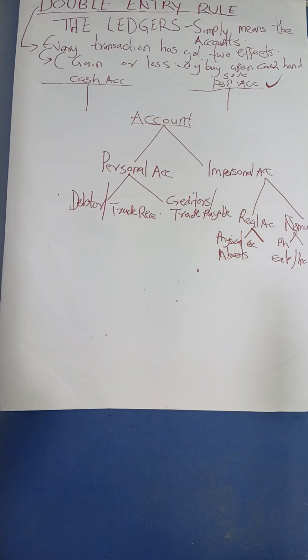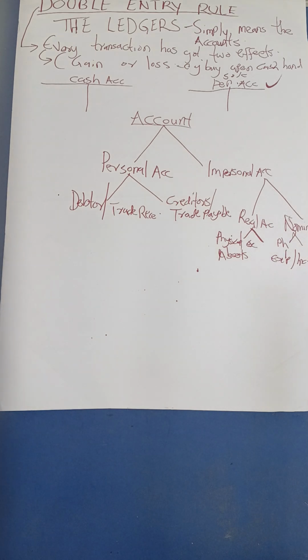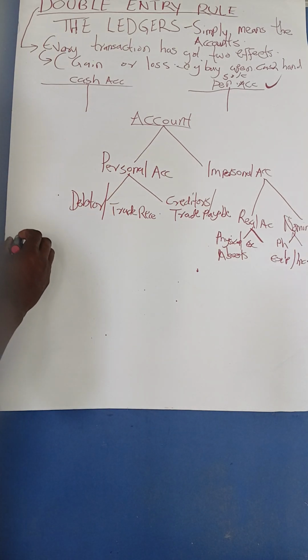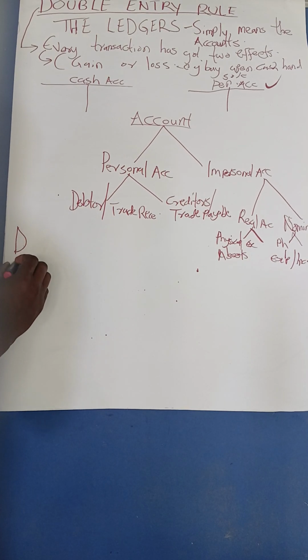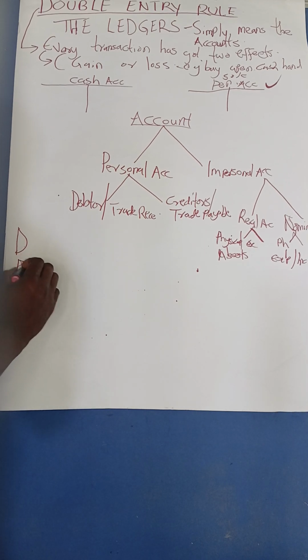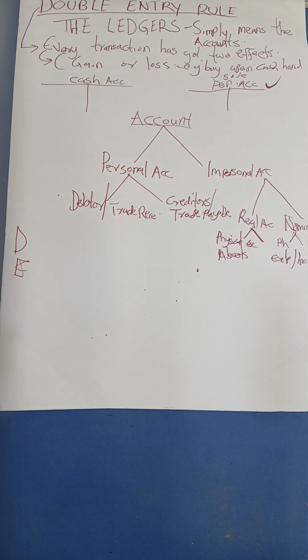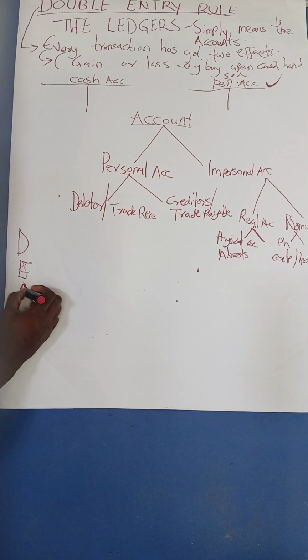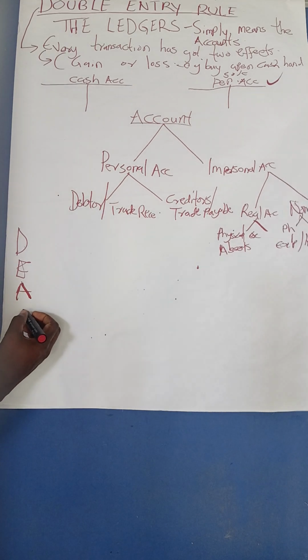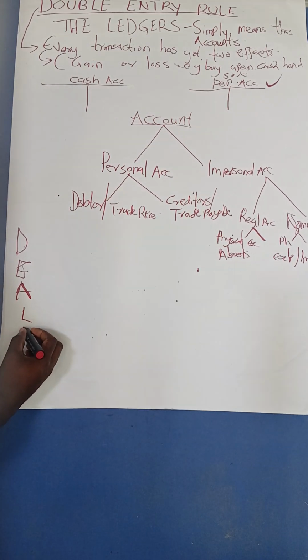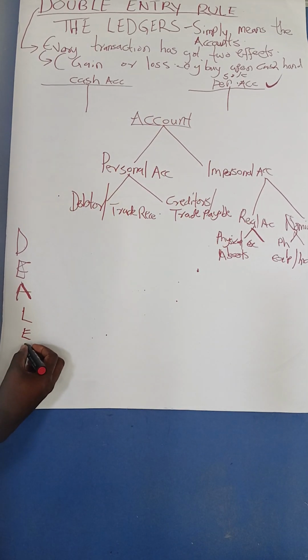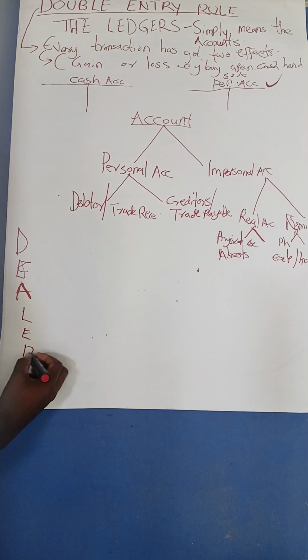And if you have this acronym that I'm going to give you here, I assure you, my fellow comrades, that you will not have a hard time in opening the accounts and even balancing. The acronym reads DEALER. I've been mentioning this in our discussions, and I believe all of us know this. DEALER. So I want you to have this.